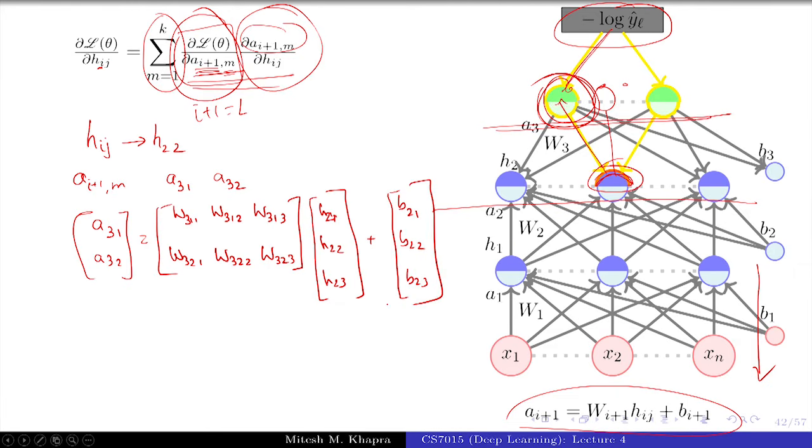Now, what am I interested in? One of these guys. Let me take one of these guys. So, can you tell me what is a31? First row multiplied by the first column. There is only one column, right?